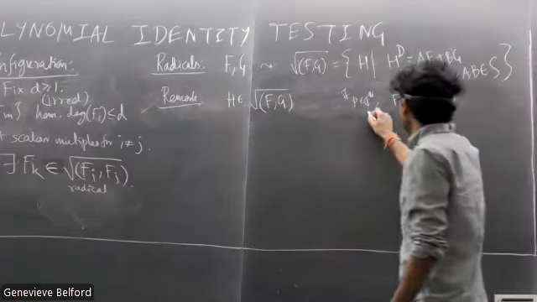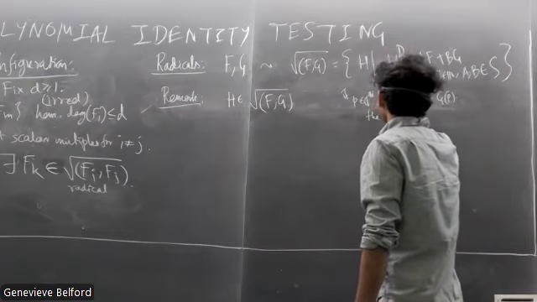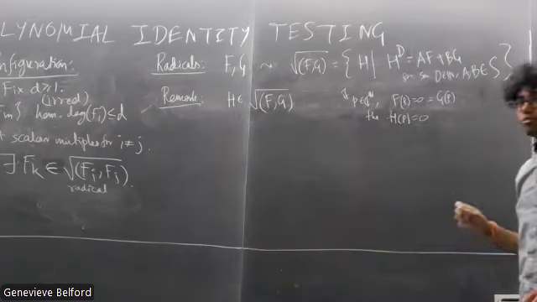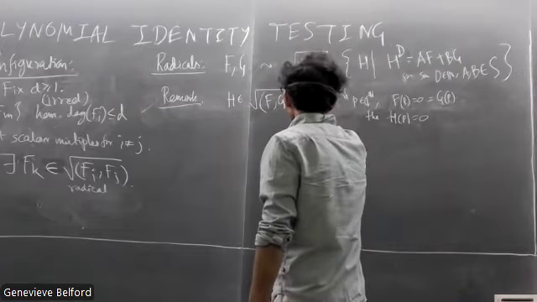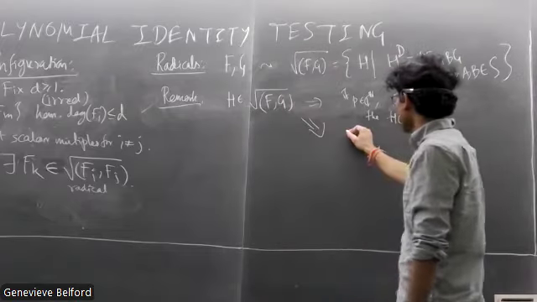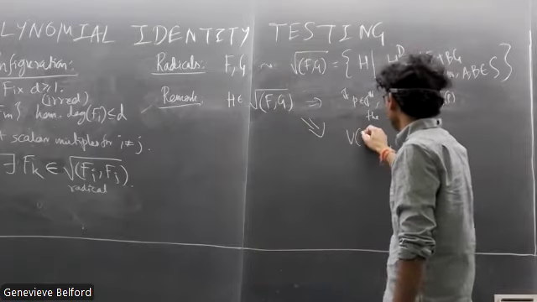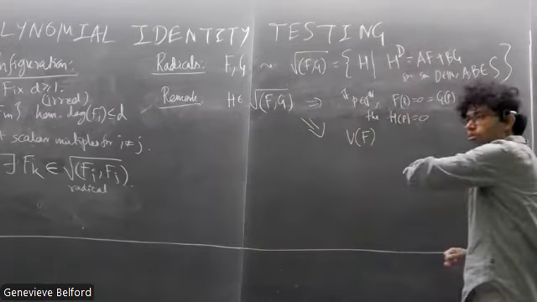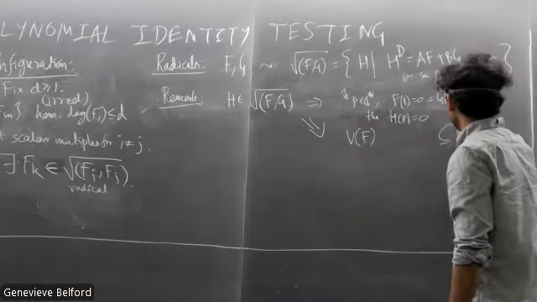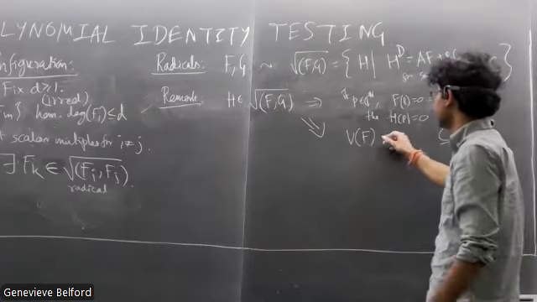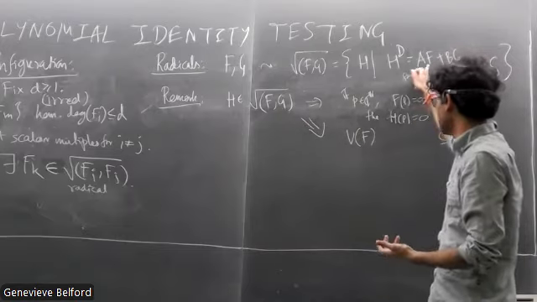So h(p) is also equal to 0. What does this mean? The notation V(f) is the set of all zeros of f inside C^n, the hypersurface defined by this polynomial f.